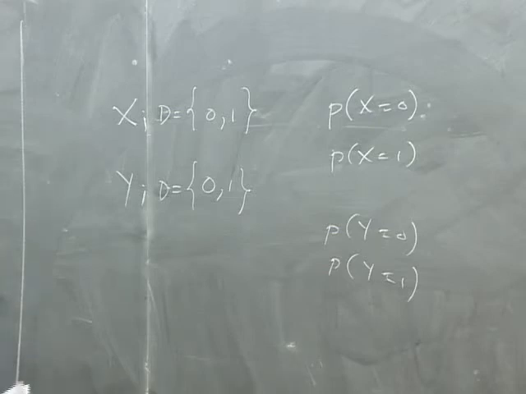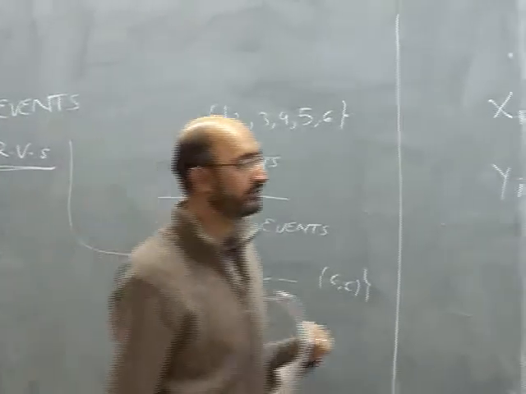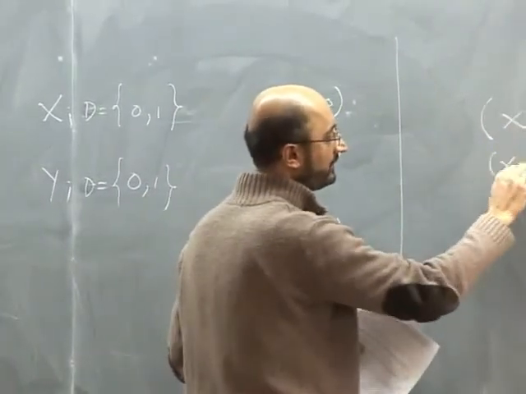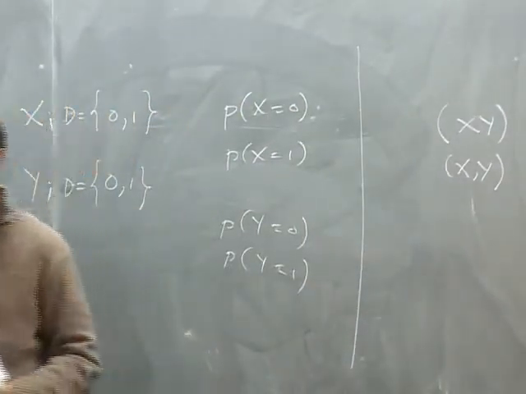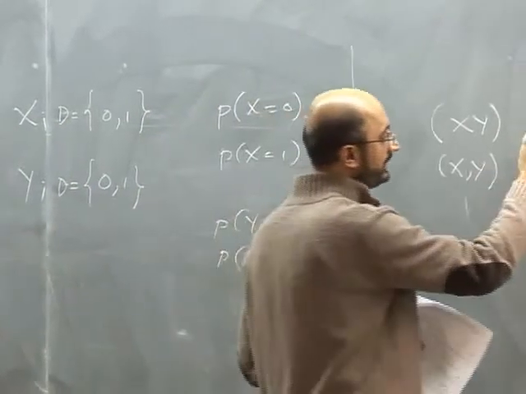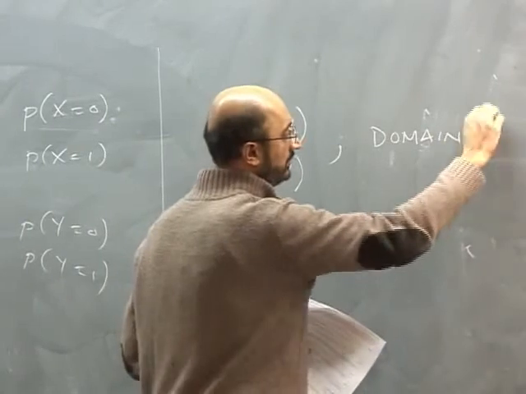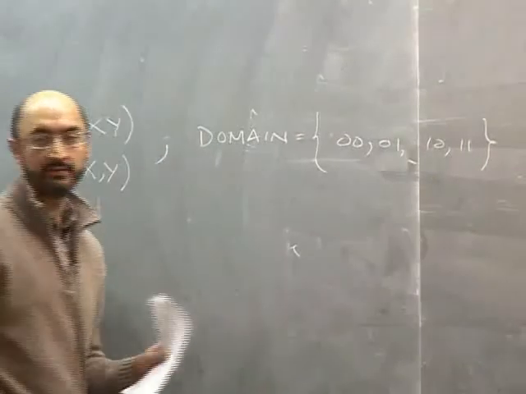Now, in the same way that I have joint events, I can define the joint random variable, which is denoted either XY or sometimes X,Y. We can write the joint as essentially the probability that the joint variable, X and Y together, takes on the values in the product of these domains. So obviously the domain is going to be the cross product: (0,0), (0,1), (1,0), (1,1).